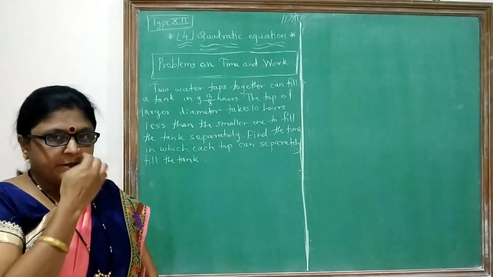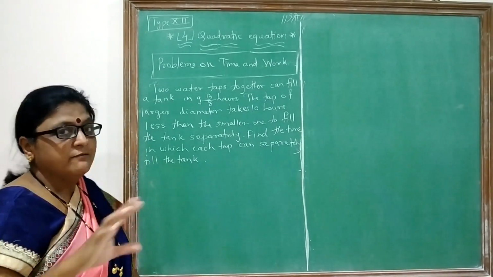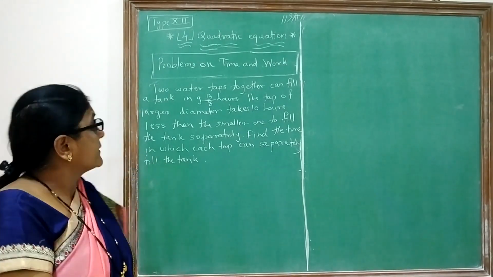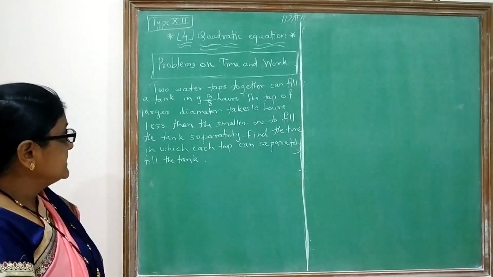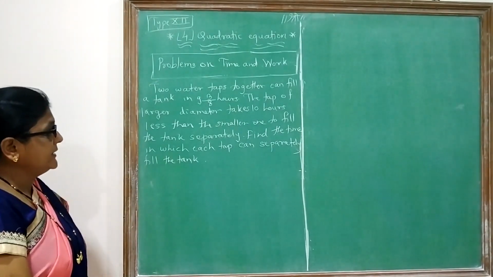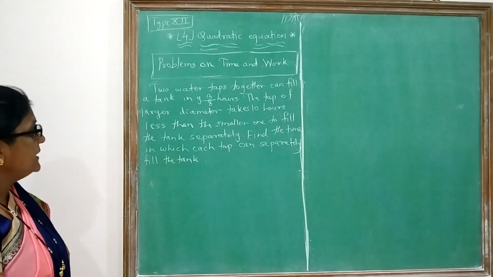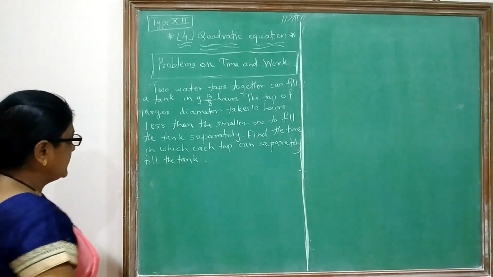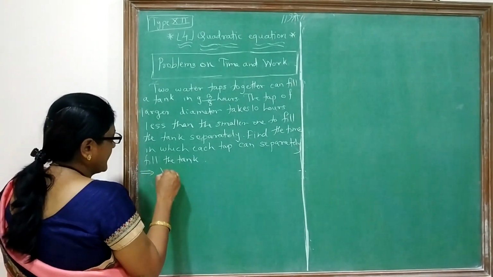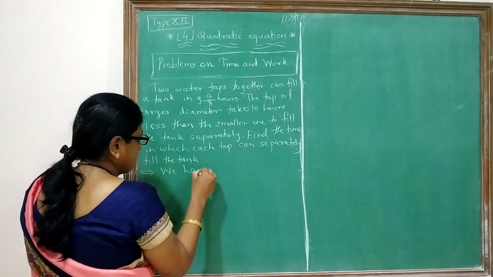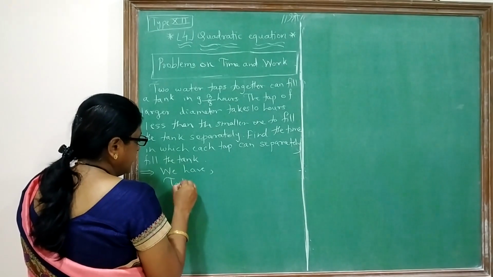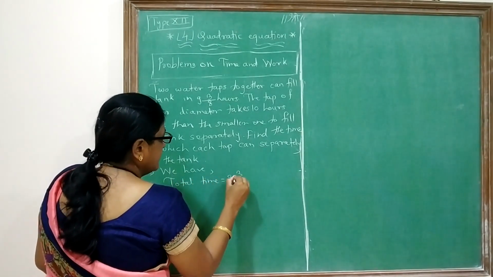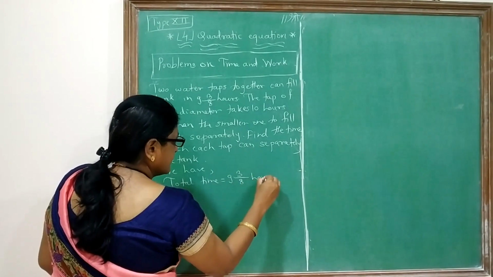Your next topic is problems on time and work. The example is: two water tanks together can fill in 9 by 8 hours. Then the total time is 9 by 8 hours.